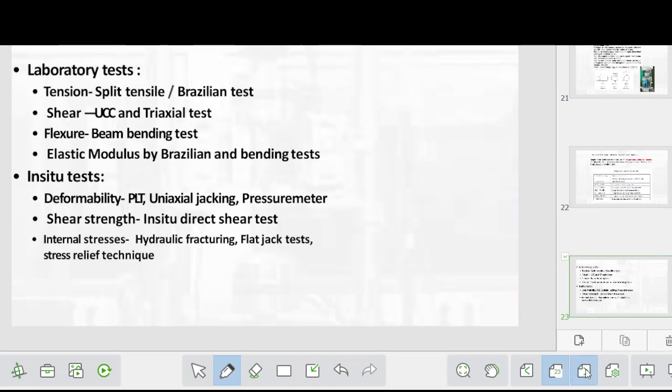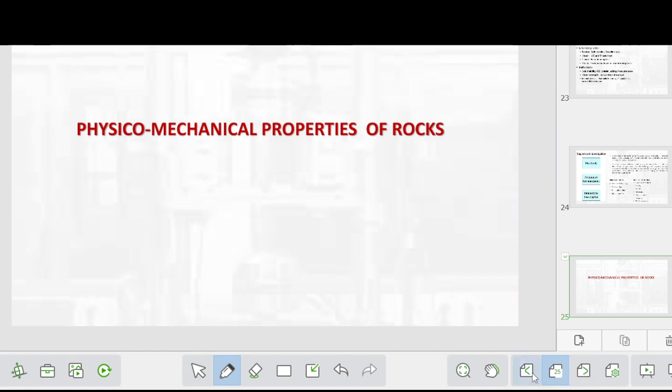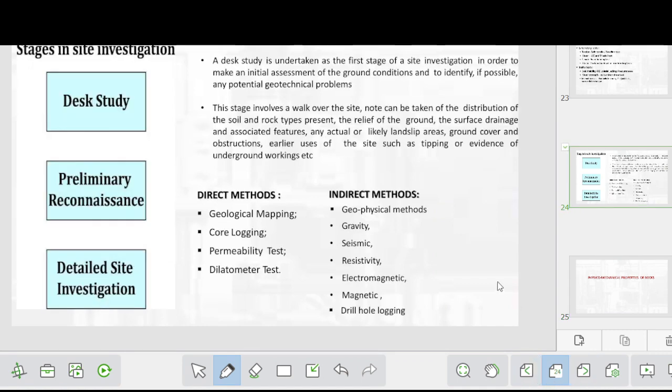Let's talk about this part. I'm not discussing the other part. Let's do the desk study. If you have to construct a tunnel, then you should go through a literature study, right? That is called the desk study. You have to get an idea from the literature of that particular area. Then you go for the preliminary reconnaissance survey, then you have to go for the detailed site investigation, right?